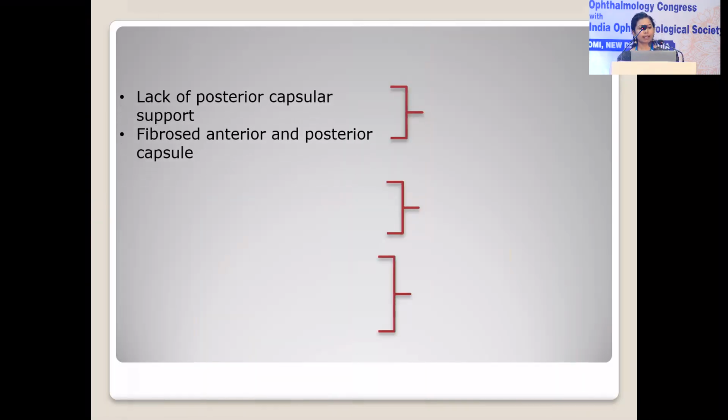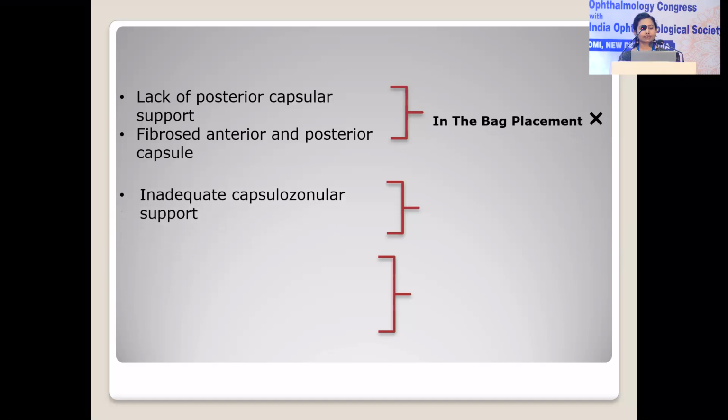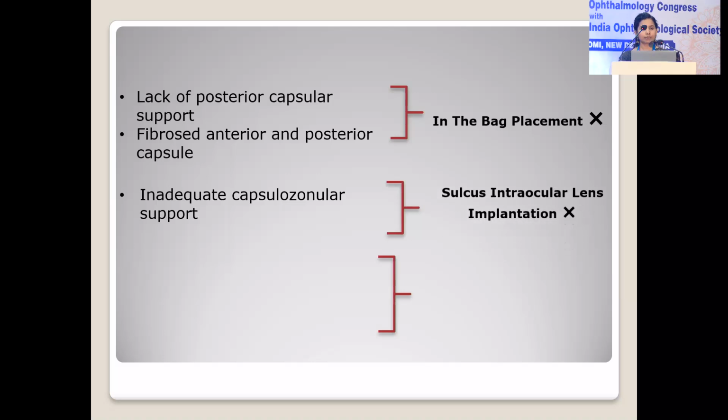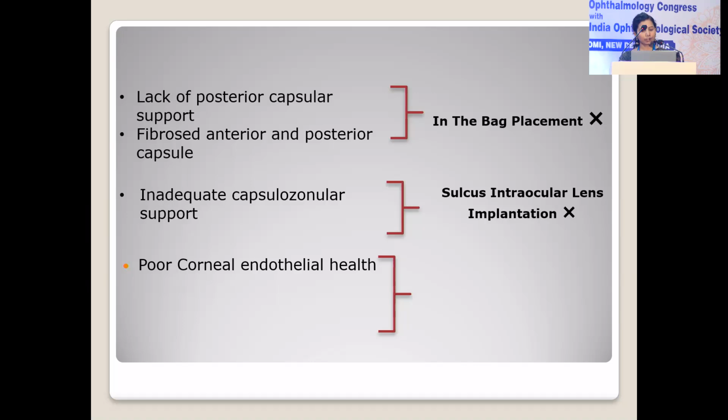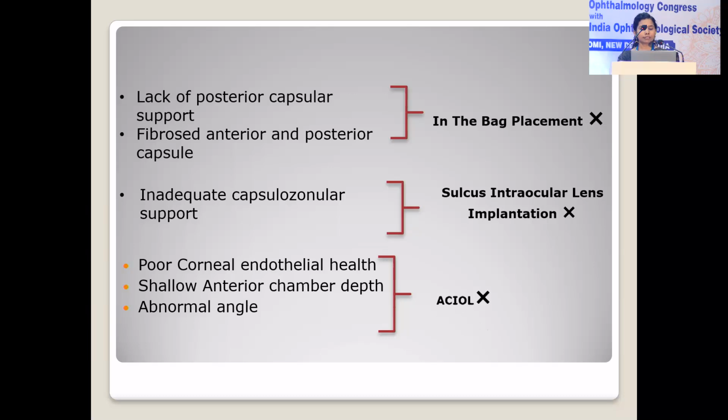So, if there is lack of posterior capsular support, or if there is fibrosed anterior and posterior capsule, in the bag placement is difficult to do. If there is inadequate capsular support, sulcus intraocular lens implantation should not be considered. If there is poor corneal endothelial health, shallow anterior chamber depth, or abnormal angle, anterior chamber intraocular lens is not a good option.